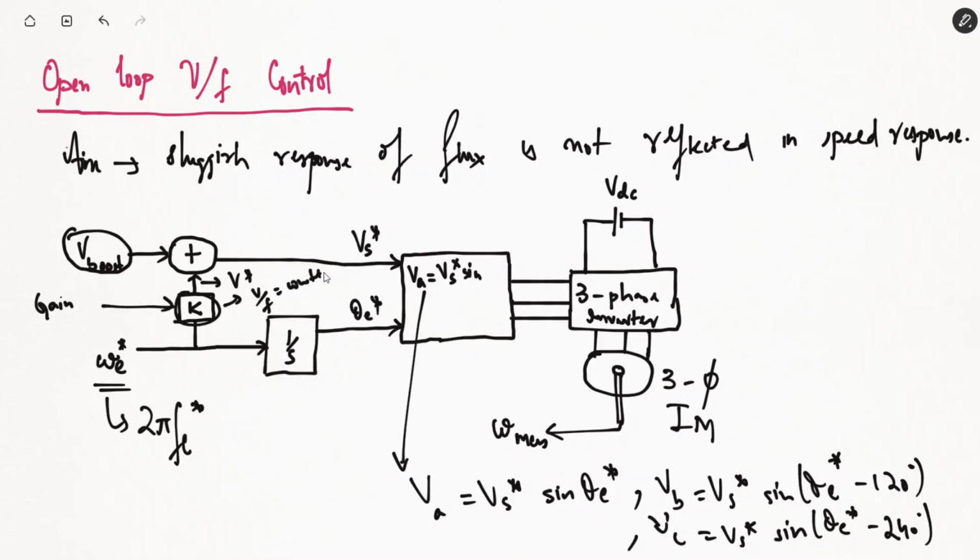We can feed these reference values to the three-phase inverter and accordingly speed will be controlled as per whatever reference value we are choosing. Since this is an open loop control, the speed output will not be affecting the reference value in any case. Fine.